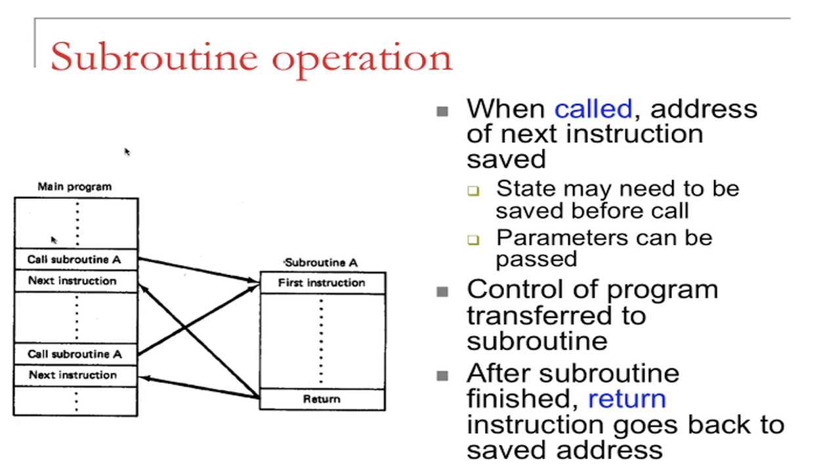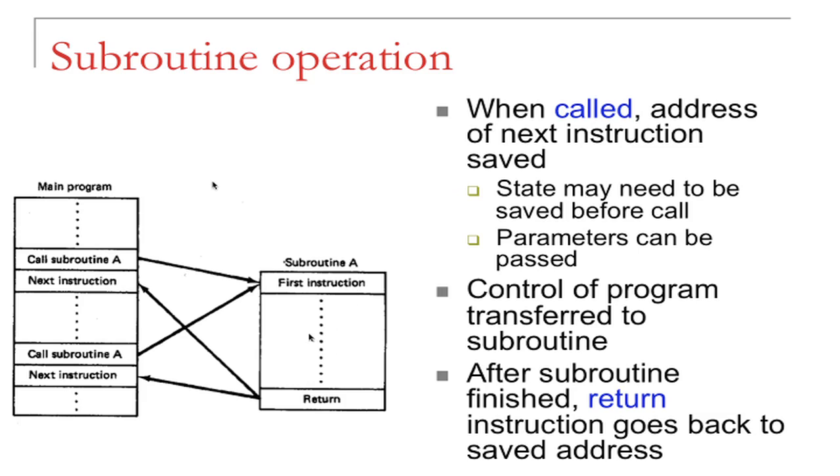Let's say in the main program, there's an instruction that uses or stores the result in AX. Before we make this subroutine call, AX keeps a certain value which will be useful in the following operations. Then when we make this subroutine call, we go into subroutine A. It's possible that subroutine A also uses register AX, maybe as a destination operand.